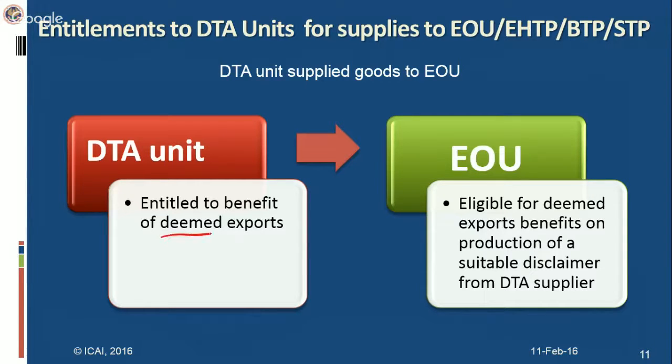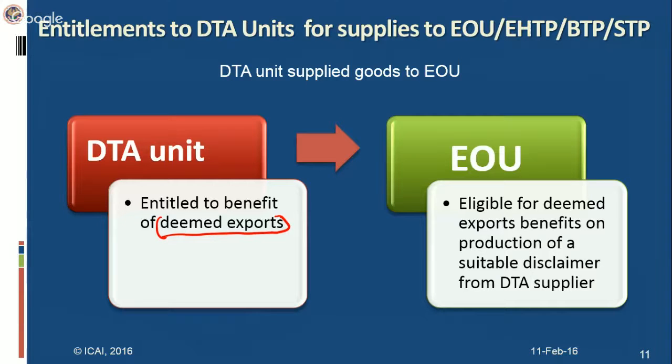Now deemed exports we'll discuss. This is the next export promotional measure which we'll discuss in detail, and this point we'll take later in greater detail. But here, just to summarize, the DTA unit will be entitled to the benefit of deemed exports, and the DTA unit is not required to pay excise duty on final products supplied to the EOU.